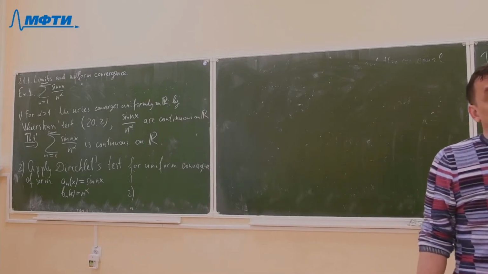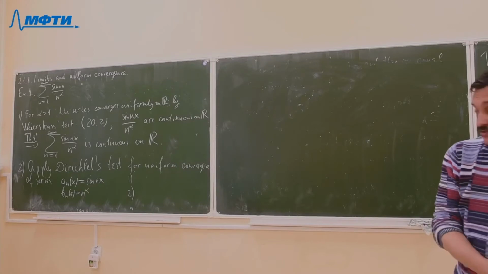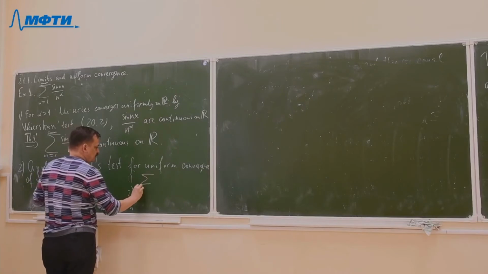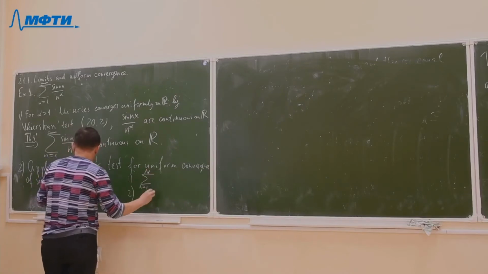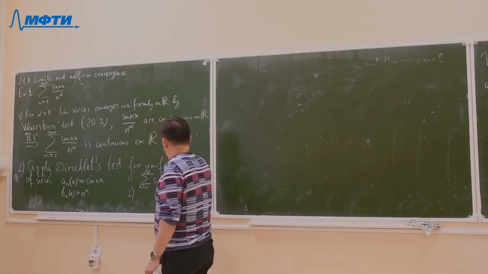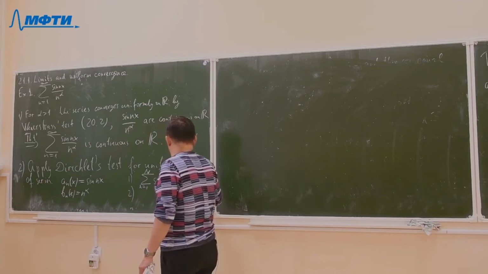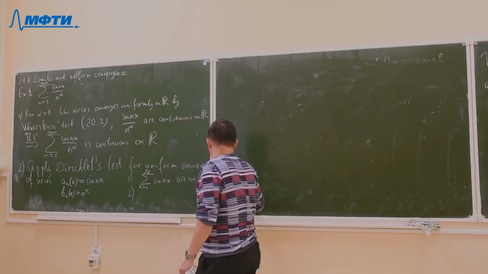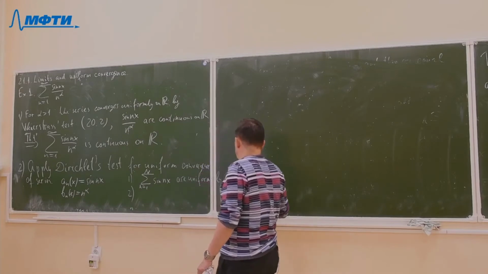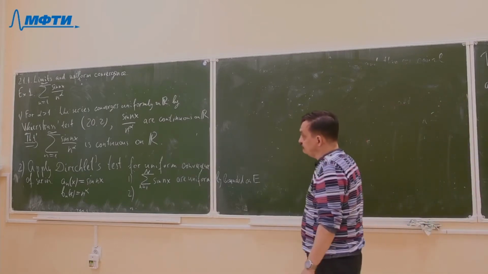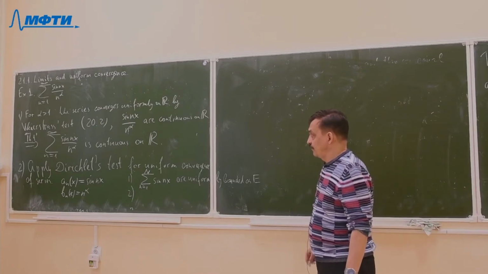The first one is that the partial sums of our sine x should be uniformly bounded on E. We don't know yet what the set is.